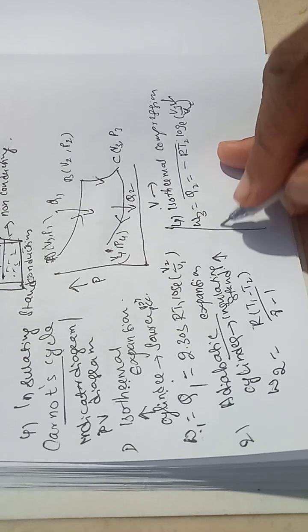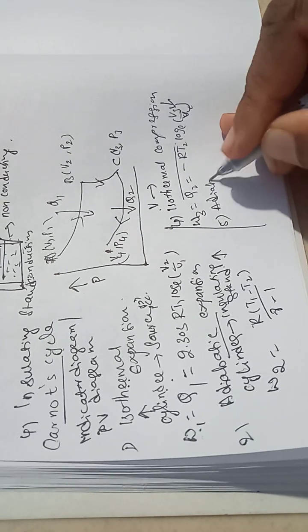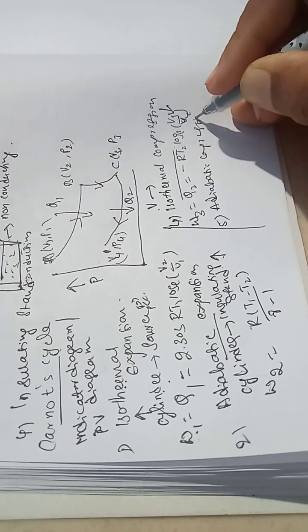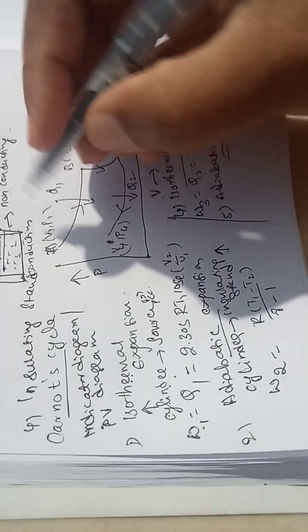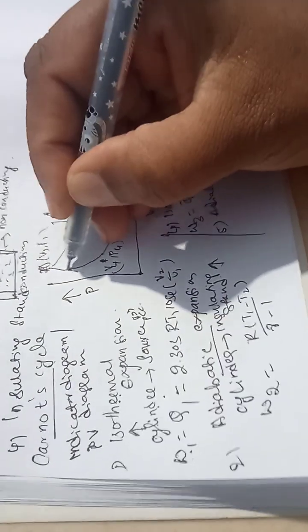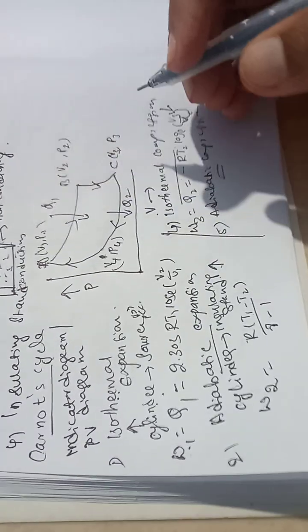Now next one, adiabatic compression. Here the piston is moved further in downward direction. Now the pressure becomes P1, volume becomes V1.